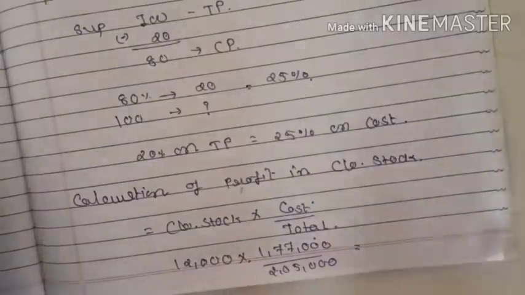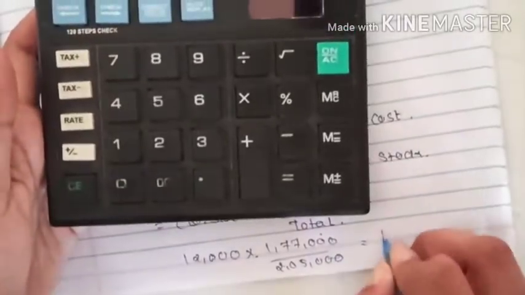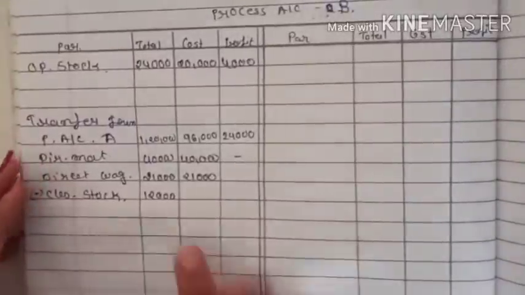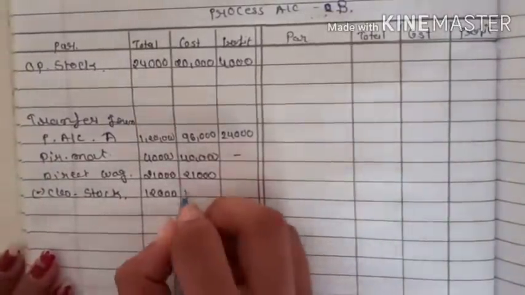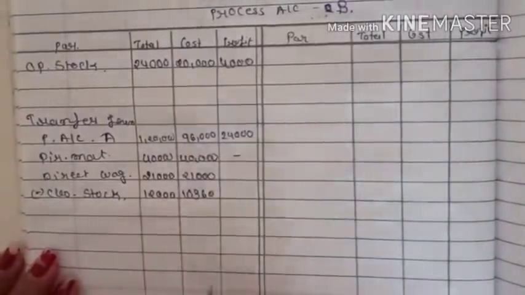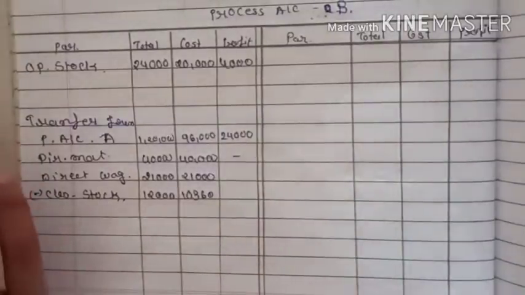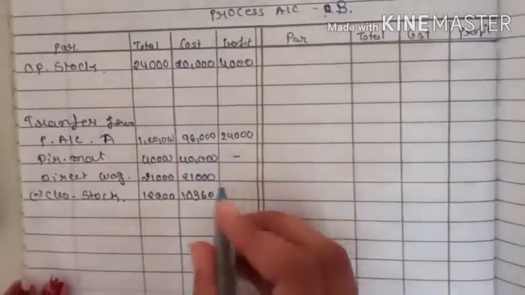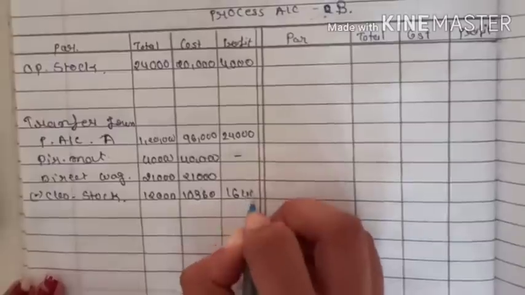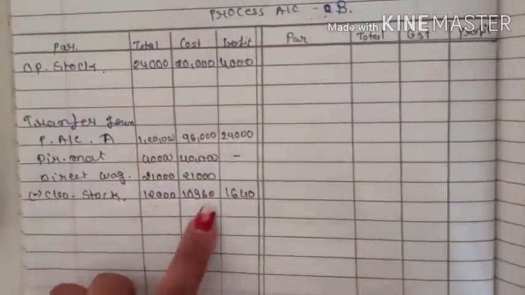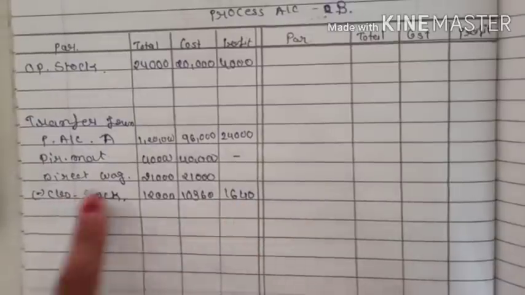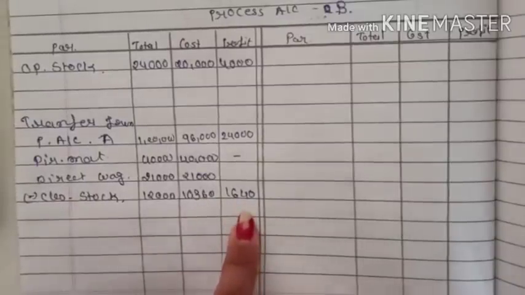We get a cost of 10,360. We write down here 10,360 out of the closing stock. Then what will be the profit? Profit will be 1,640: 12,000 minus 10,360. So the profit of the closing stock is 1,640, right?